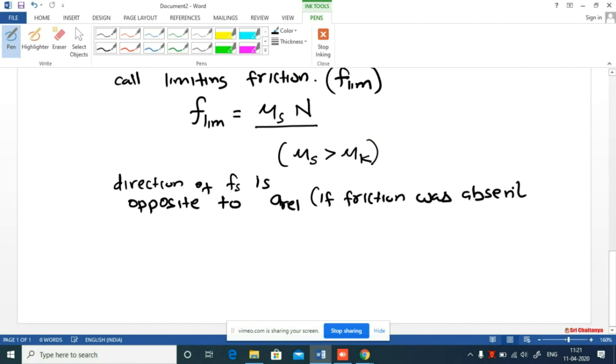I have to write this repeatedly, because actually friction is present and it ensures that a relative is 0. But if there was no friction, there would have been a relative, and whatever the direction of that a relative, static friction will act opposite to it and ensure that the actual value of a relative turns out to be 0.